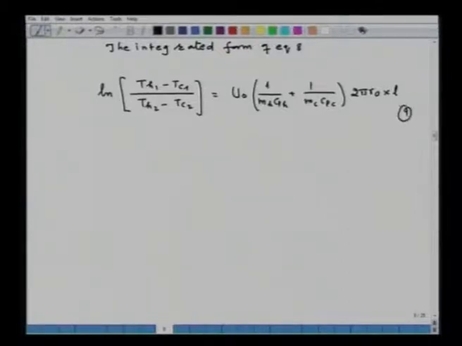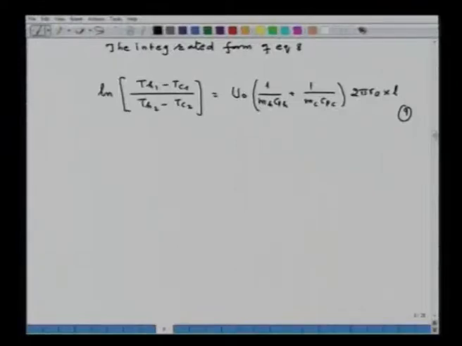Now, you can see this expression relates only the terminal temperatures of the heat exchanger, that is the input and output temperatures of the heat exchanger, not those of the stream. It also relates to the dimensions of the heat exchanger, and hence this expression can be used to evaluate the performance of the heat exchanger.